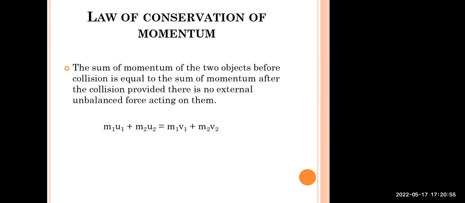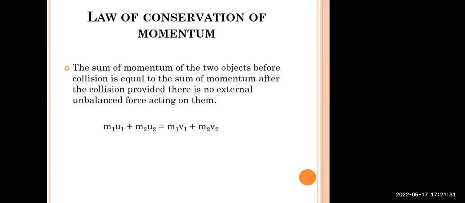Means if we take two spheres moving opposite to each other, and they collide, then their momentum before collision will be the same as their momentum after collision. It is nothing but the law of conservation of momentum. Conservation means remaining constant. Whose momentum remains constant? The objects which are colliding with each other.